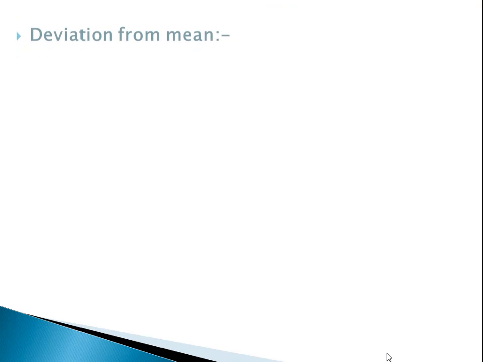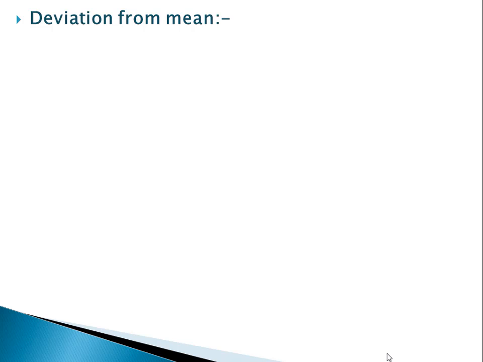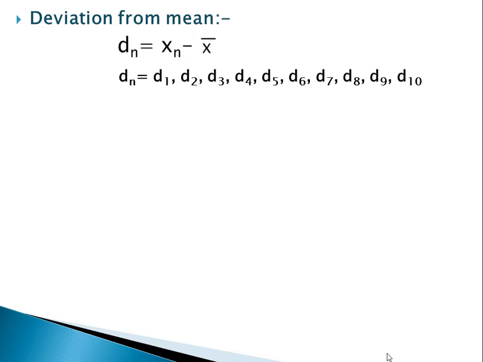Next term, that is deviation from mean. Here the equation for deviation from mean is dn is equal to xn minus x bar. In the given problem we should get 10 deviations from mean, that is d1, d2, d3, d4, d5, d6, d7, d8, d9 and d10.